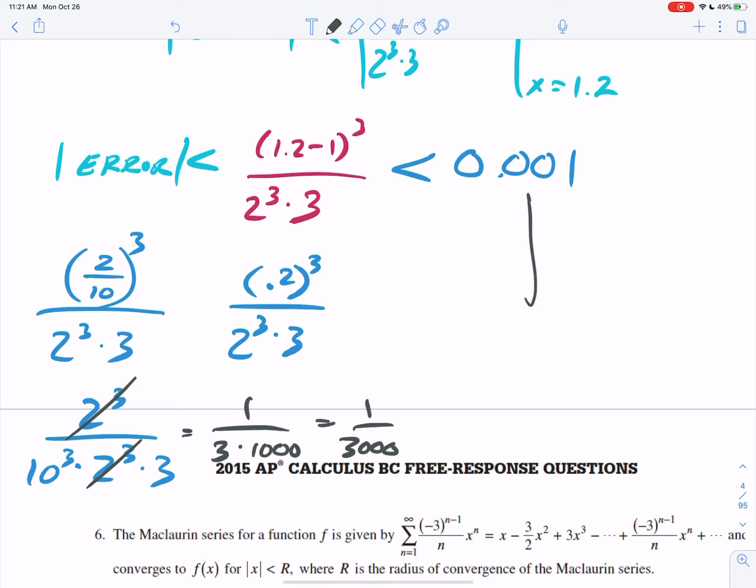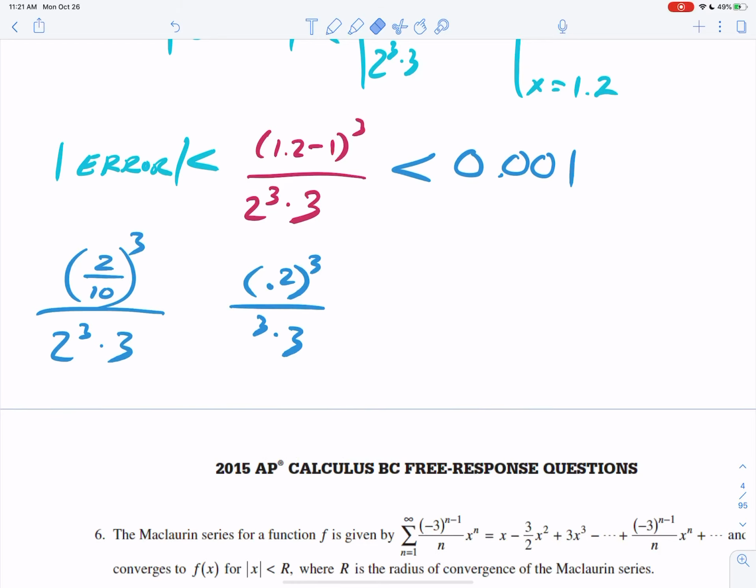Okay. Now, back in elementary school or middle school, 0.001 is read as 1/1000th. So you know 1 over 3,000, since the denominator is larger, it's definitely going to be less than. But the cool thing is you don't even have to show it, but you do have to state that it is less than.